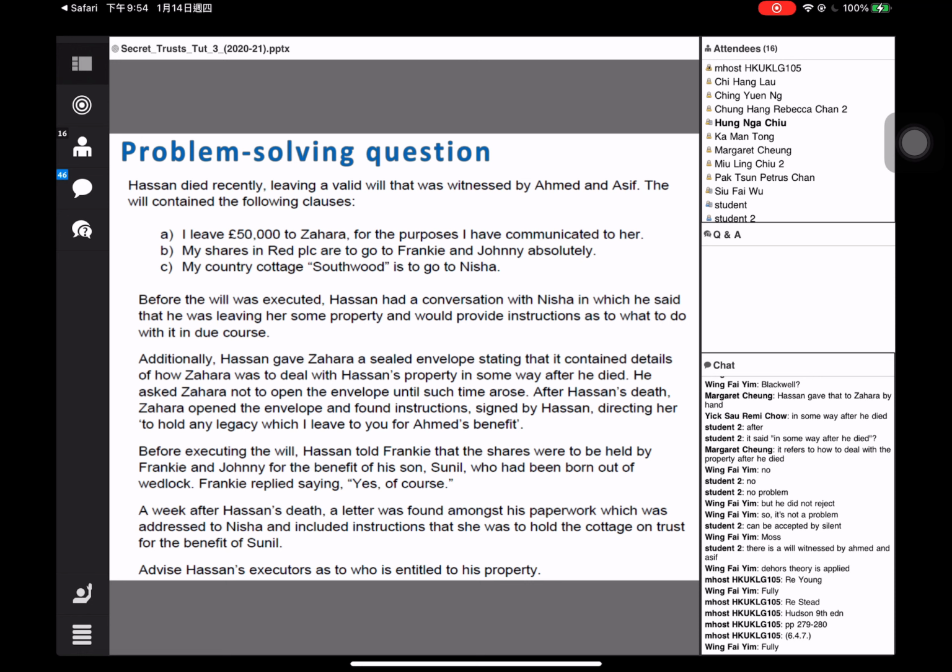What is the problem with regard to clause C?